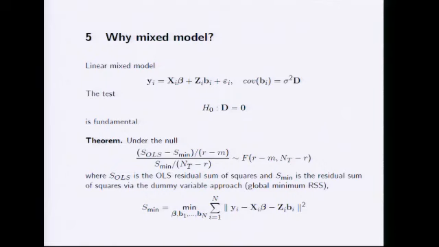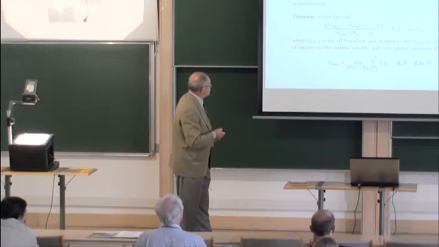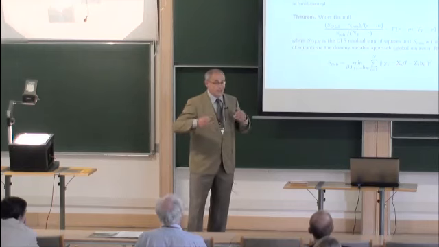So you free b and you compute this minimum using a dummy variable approach, for example, using simple least squares. And this quantity right here has an F distribution. So you simply compute this value and test the hypothesis that random effects are present in your model.